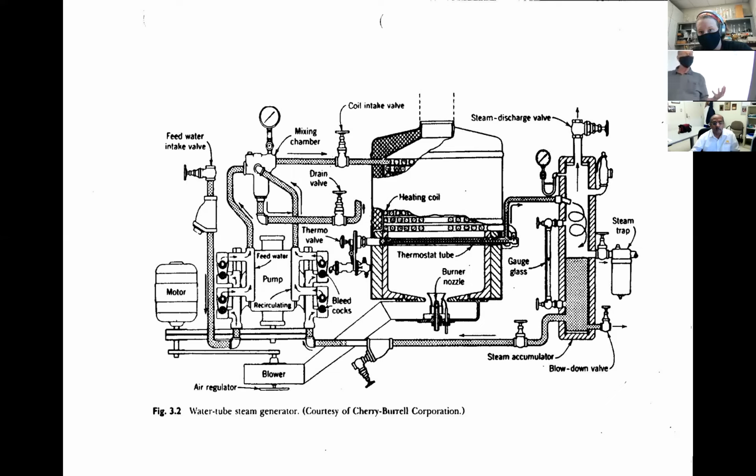Think of it as a big Bunsen burner. It's blowing all this hot air up through a series of tubes. What's in the tubes? Water. Water comes in liquid, put enough heat into it, water goes out as vapor.